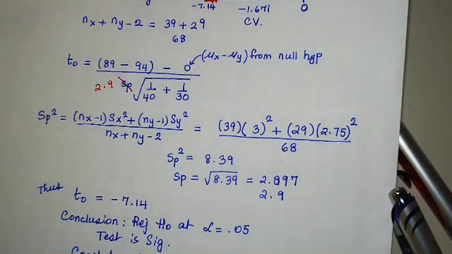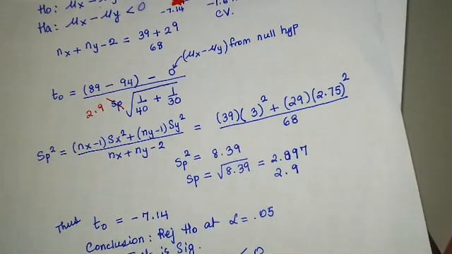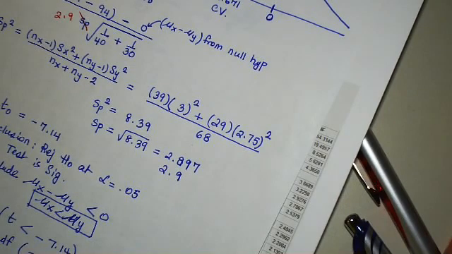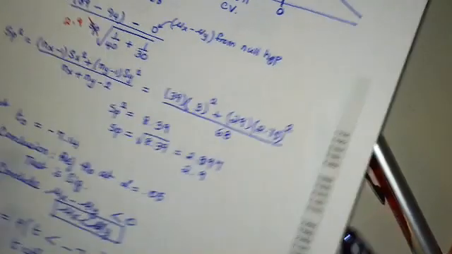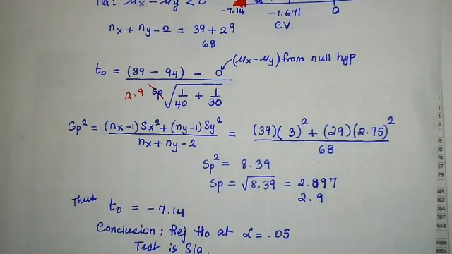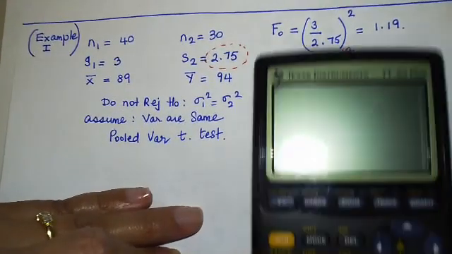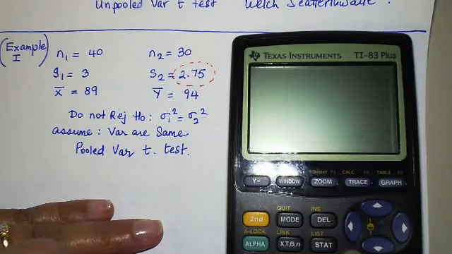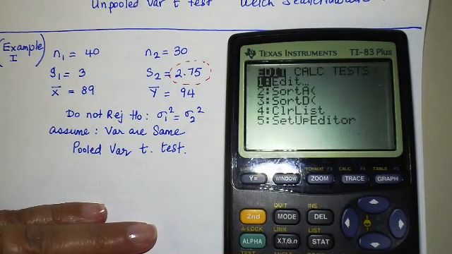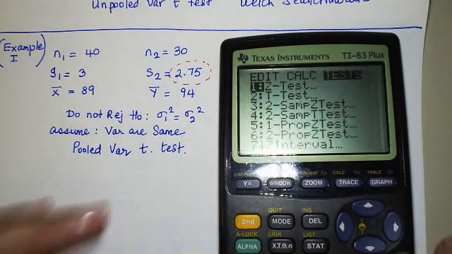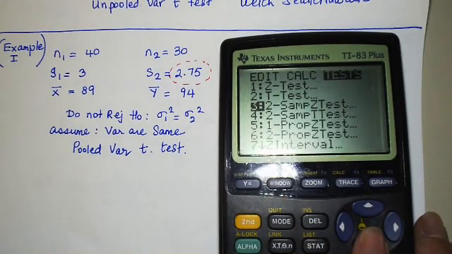So this is how you perform a pooled t-test. On your calculator, how do you do it? Where is the calculator? That one. You did calculator. Yeah, thanks. Let's do this. Wait till you see how simple, okay?